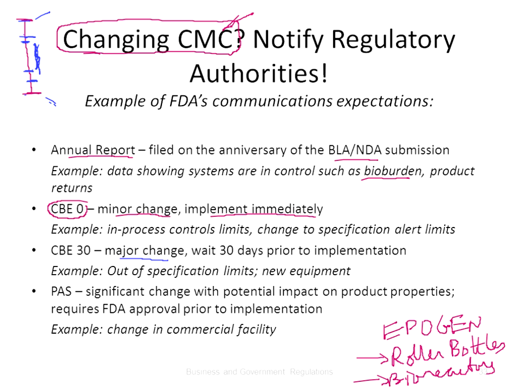Okay, so now you need to let the FDA know, and you need to wait for 30 days before you implement it. So you file this under the CBE 30 category. Okay, and for example, if there are out of specification limits and you are changing them, okay, this is a change to the specification, right?